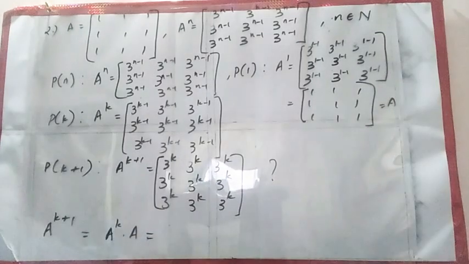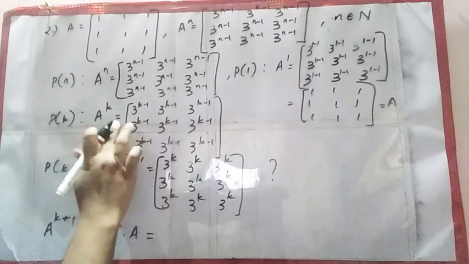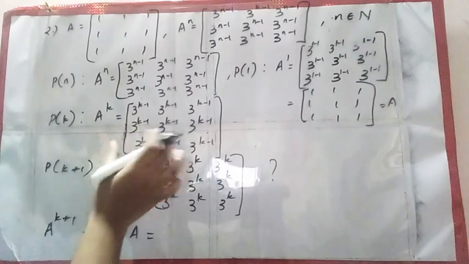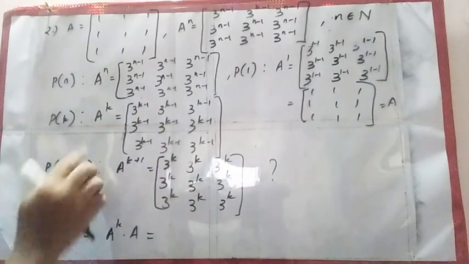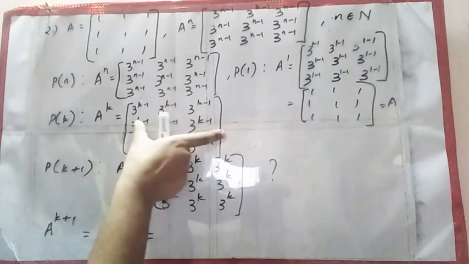Now we have A raised to k. We have assumed our result P(k), that A raised to k is a 3 by 3 matrix. So we have assumed that this result is true, and we can substitute A raised to k with this matrix.